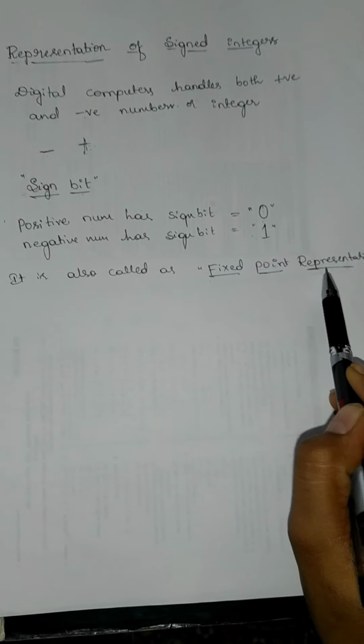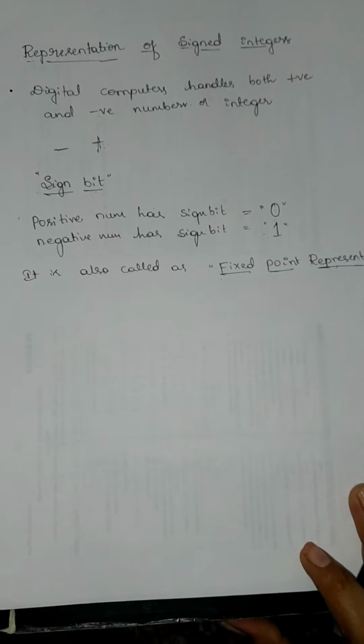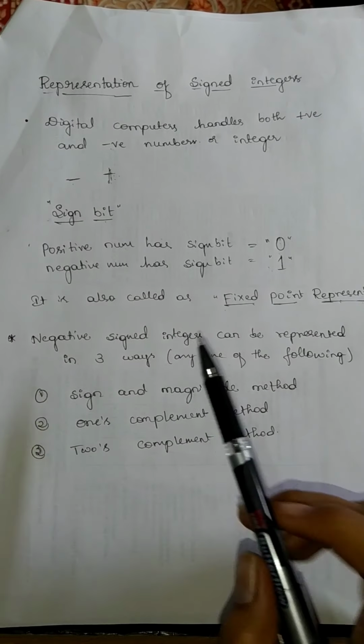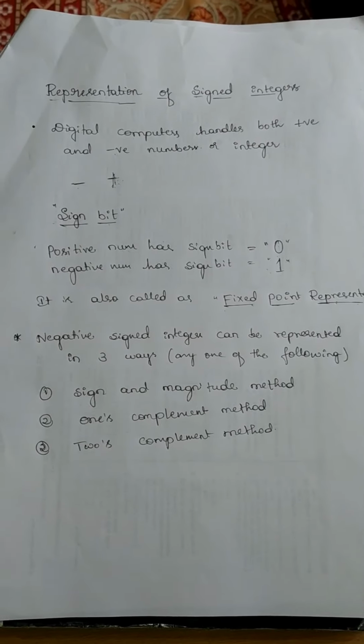Okay, so this is related to how to use a sign bit for positive and negative numbers. If it is a positive number then we can directly go with a sign bit of 0. But when we have a negative signed integer, for example minus 29, minus 63, a negative signed integer can be represented in 3 ways.